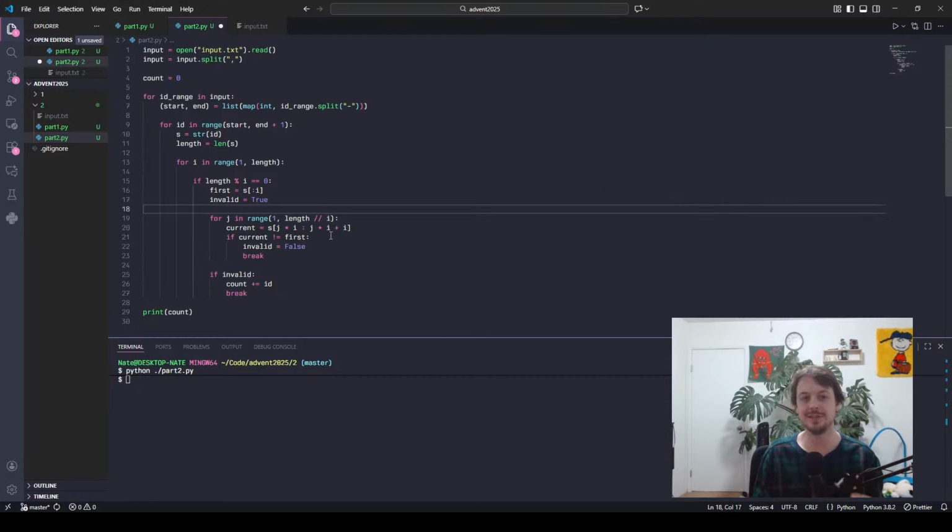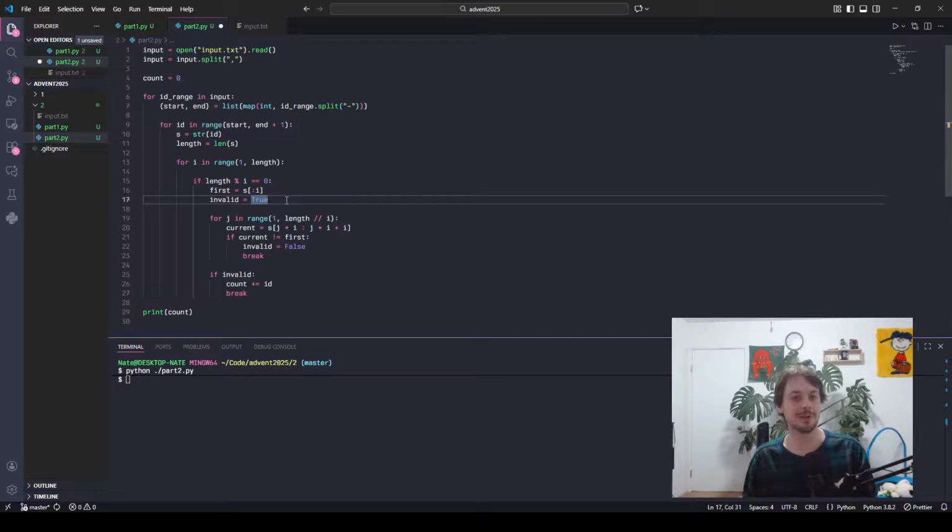I got a little messy here in my coding. I think that made it a little harder to debug. I could probably clean this up. But basically I use a flag that says, is this invalid?